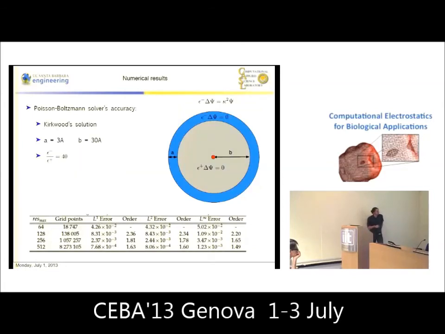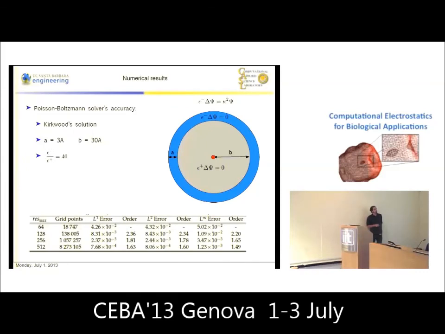Here is another example, which is probably more physically meaningful. We took the Kirkwood solution. This one is not exactly the nonlinear Poisson-Boltzmann equation, because you have this molecule with a charge in the middle, and then you have this layer in which there is no salt.